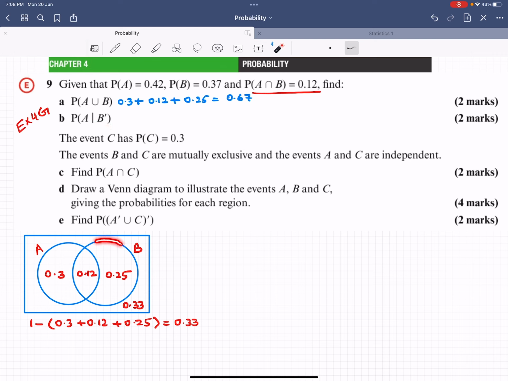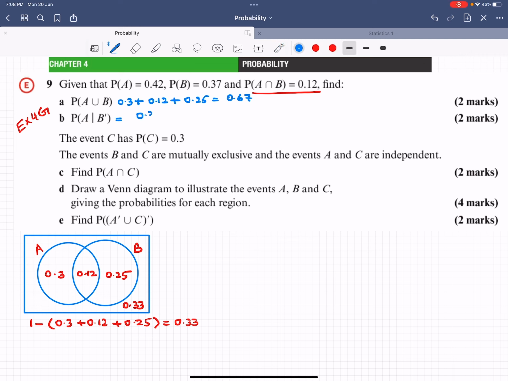Now B complement is everything outside B. So we will take B and look at everything outside of B, because that is what we are looking at. Everything outside B is 0.3 and 0.33. So that is our total from which we need to pick up A. So we have 0.3 and 0.33 as our total, which is our denominator, and we need to find A from it, so 0.3.